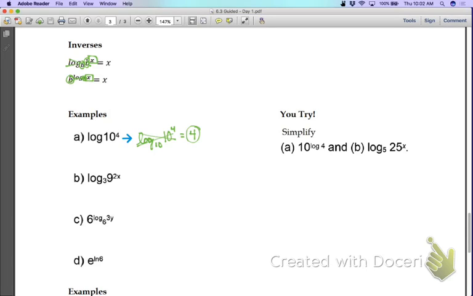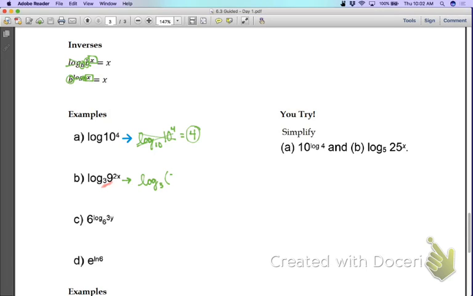What's another way of writing 9? 3 to what power? The second. So even if they don't start out as being the same, for the most part they are going to give you a value.